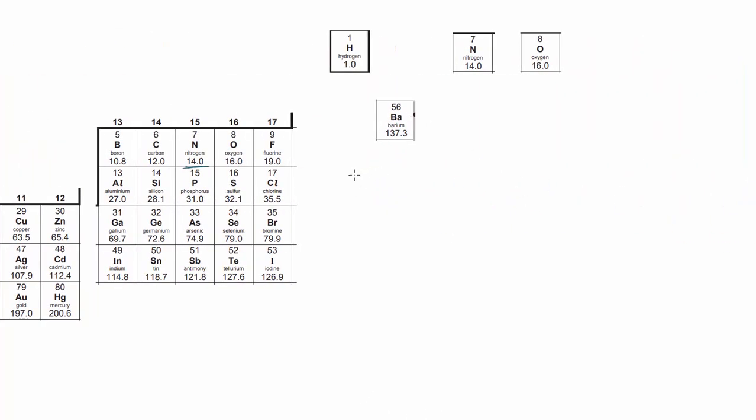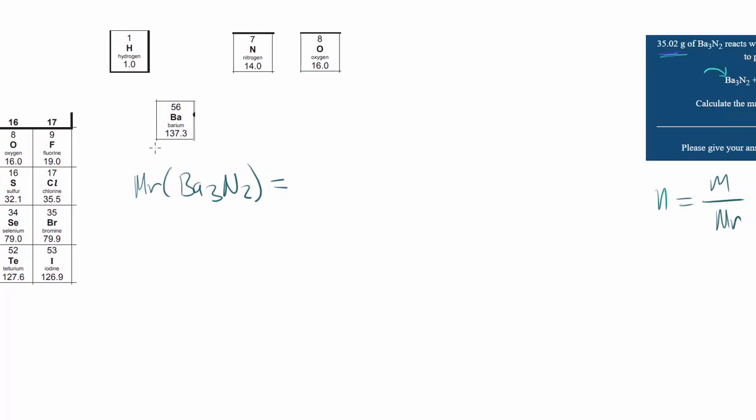So the Mr of Ba₃N₂ is going to be equal to, using the relative atomic masses, 3 times 137.3, which is the barium aspect, plus the nitrogen aspect, 2 times 14.0, okay?